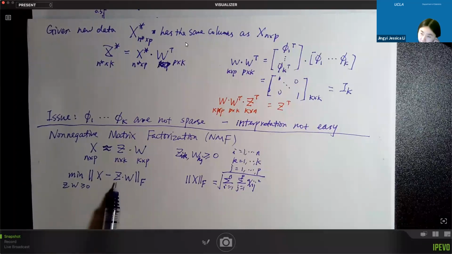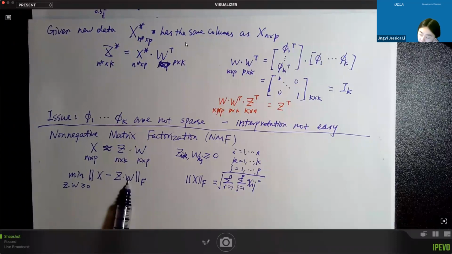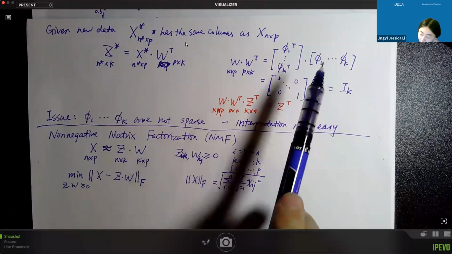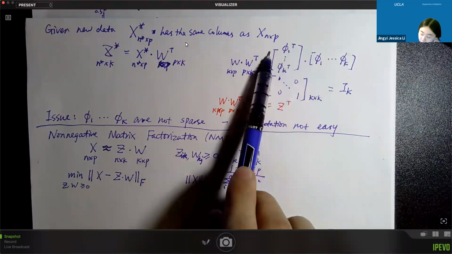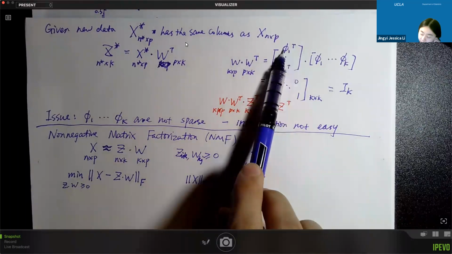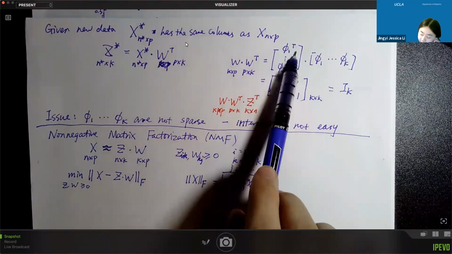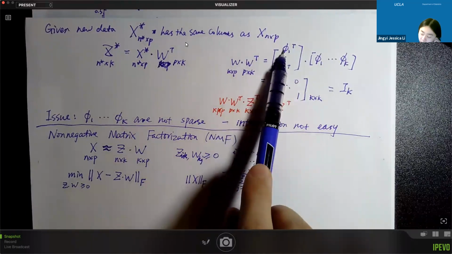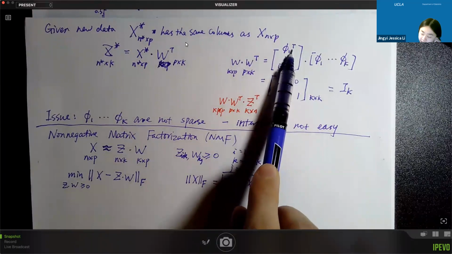This is the NMF. So the nice thing about this non-negative constraint is that mathematically we can prove that the solution of Z and W will be highly sparse. W is the loading matrix we're interested in. It still has the same format: each row corresponds to one new dimension, and it shows how it's formed from the original P dimensions. With sparsity, you only have a few non-zero entries in each row.